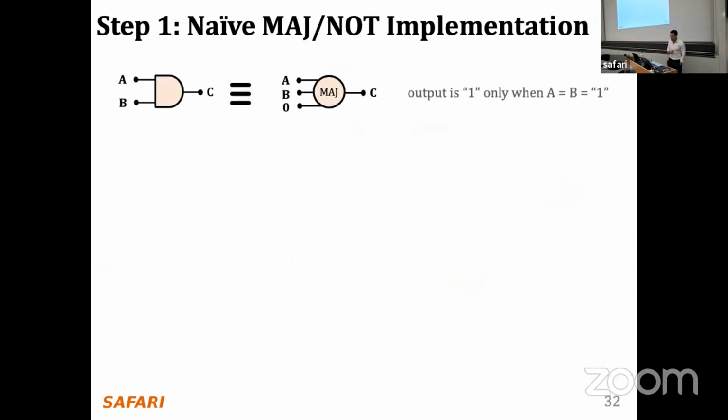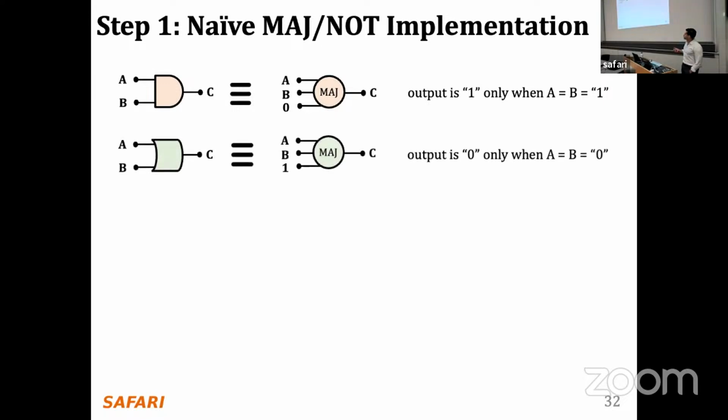So the first step here, as I mentioned, is just to convert the input AND/OR/NOT graph into its equivalent majority inverter graph. This can be done naively by using the same equivalence that the Ambit paper uses. If you want to do an AND gate and you only have a majority gate, you just use one of the inputs as 0, and if you want to do an OR gate using a majority gate, you set one of the inputs as 1.